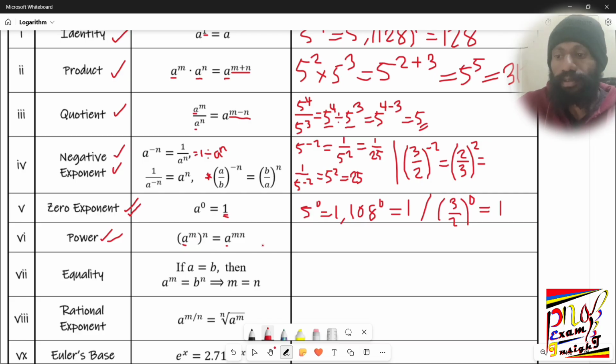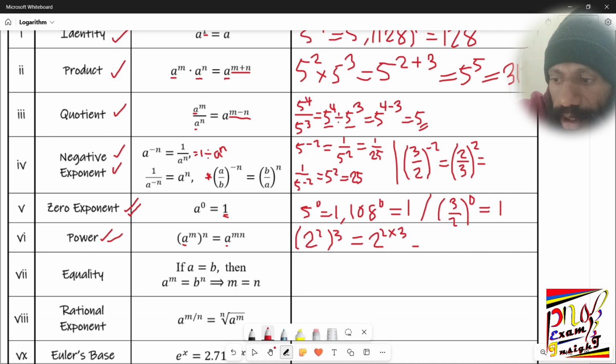For instance, if we have 2 to the power of 2, all raised to the power of 3, it's power of powers. I retain the base, and 2 times 3 equals 6. So 2 raised to the power of 6 is 64.